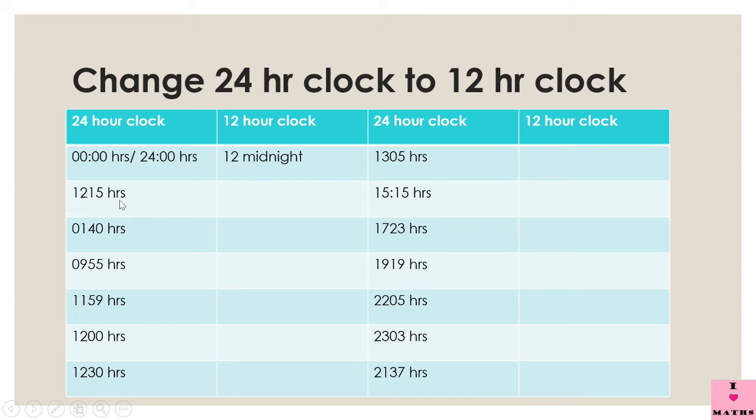Okay, 12:15 hours. Now 12:15 hours is 12 hours 15 minutes after the day has started. So 12:15 hours will be 12:15 p.m. Remember this children, it is 12:15 p.m. It is not a.m. If it had to be a.m., then here we would have got 0015 hours.